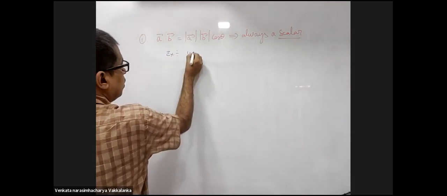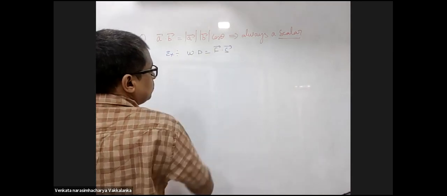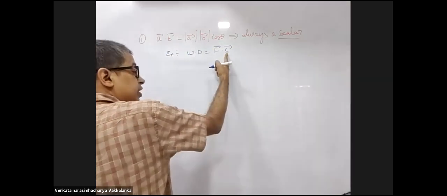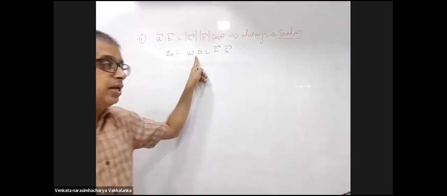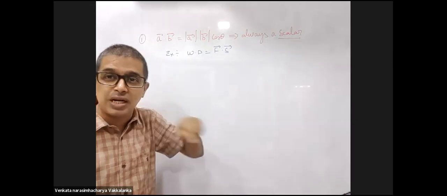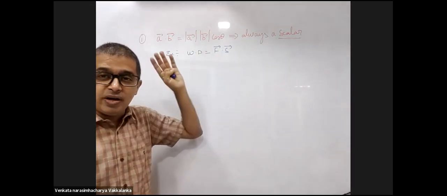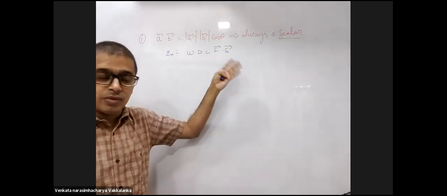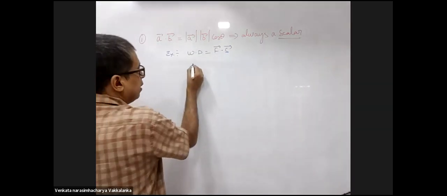Example, work done is force dot displacement. Work is a scalar. Force and displacement are vectors. When we define work done itself, we define it as a dot product. You don't have a choice to select whether to go for a dot product or a cross product. When a physical quantity is being defined, we'll tell you. This is always a dot product, right?